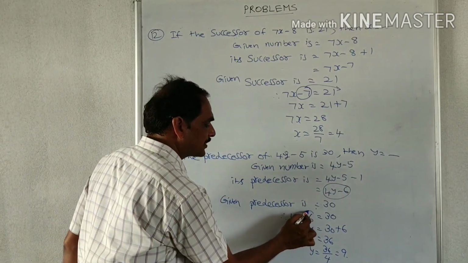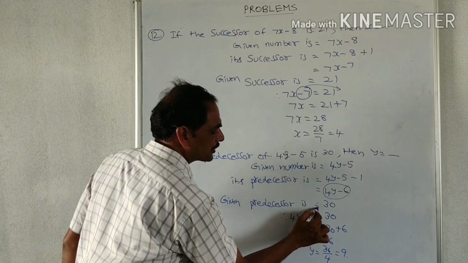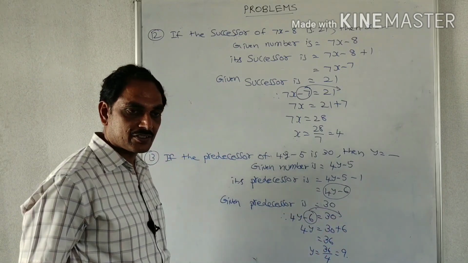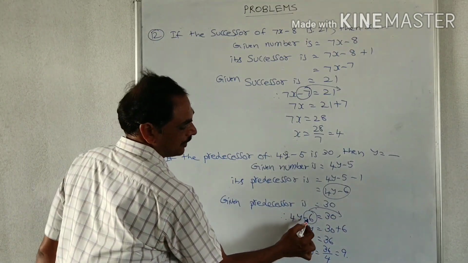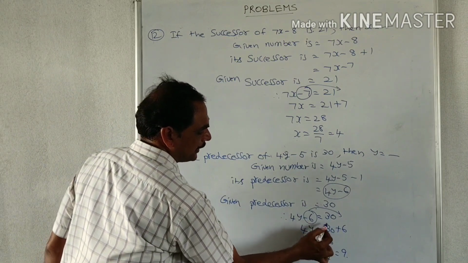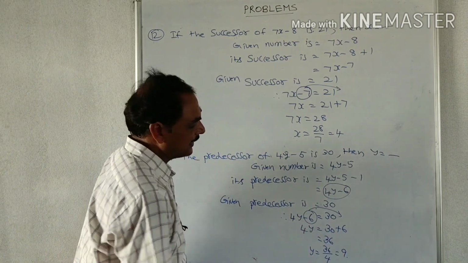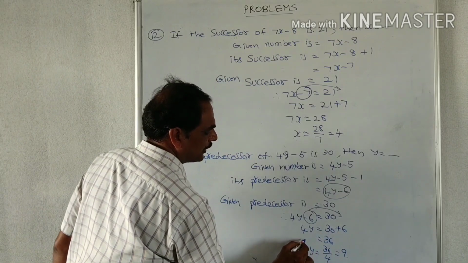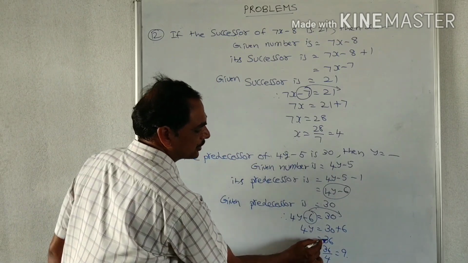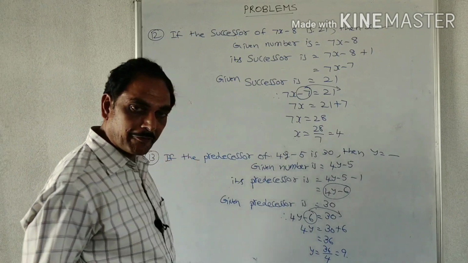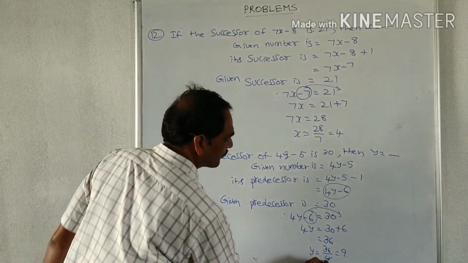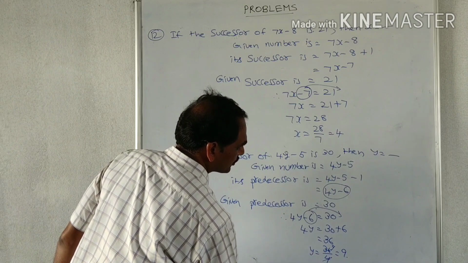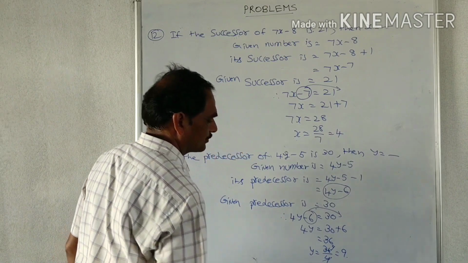In this, minus 6 is transposed from LHS to RHS, and its sign changes from negative to positive. So 30 plus 6 is 36. 4y equals 36. Y equals 36 by 4. 4 nines are 36. So y equals 9.